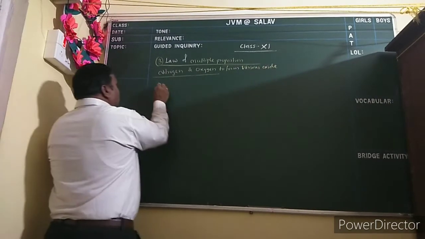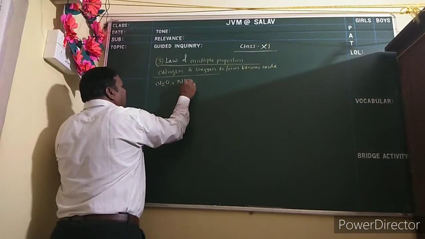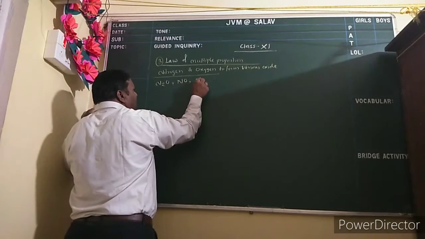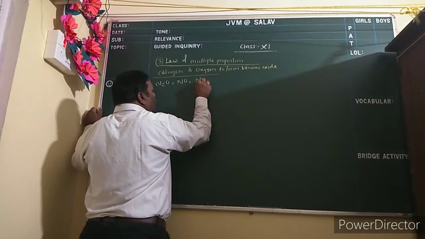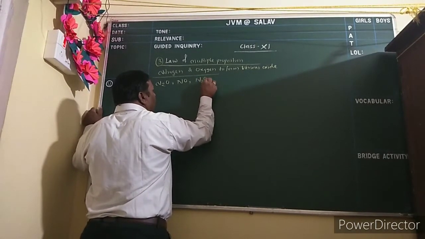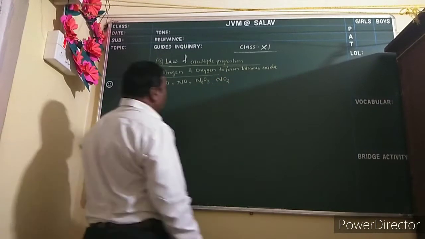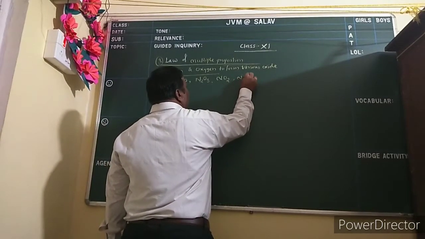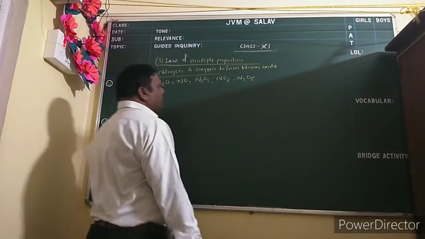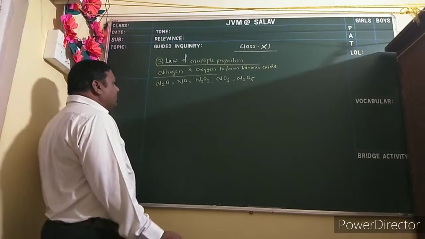One is N2O, second is NO, third is N2O3, then NO2, then N2O5. These are the 5 oxides. Let us take them as an example here.